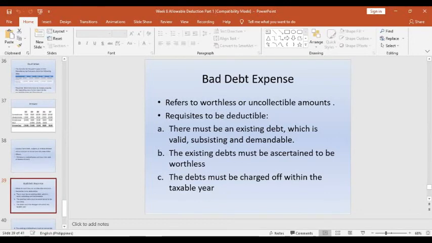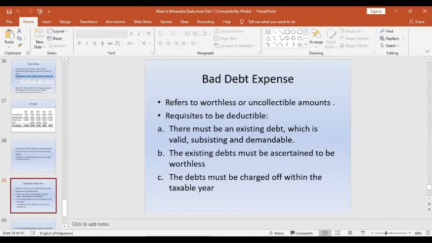What are the requirements for when the bad debt should be deductible? First, there must be an existing debt, which is valid, subsisting, and demandable. Second, the existing debt must be ascertained to be worthless. Third, the debt must be charged off within the taxable year.